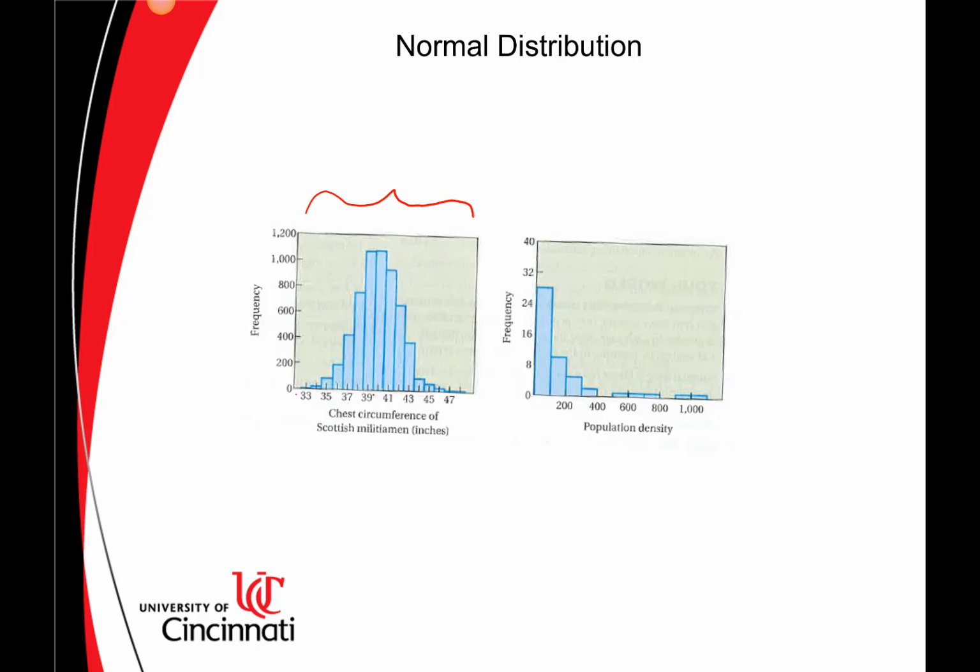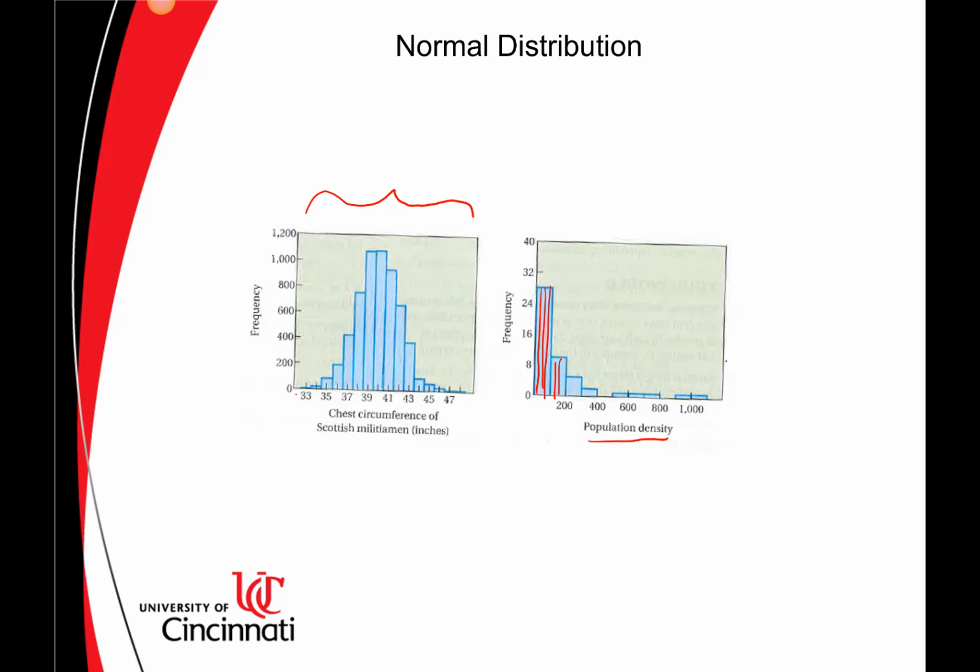On the other side, we have data about various residential areas. And what this is talking about is the population density, people per square mile. There are lots and lots and lots of places with not many people per square mile. These are going to be like little towns and villages and stuff like that you see when you're driving the back roads.